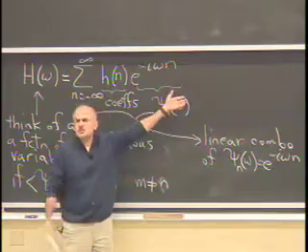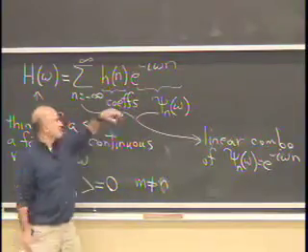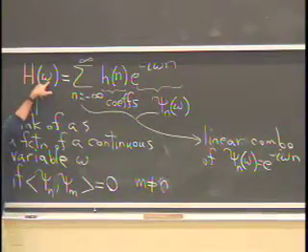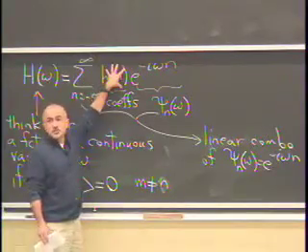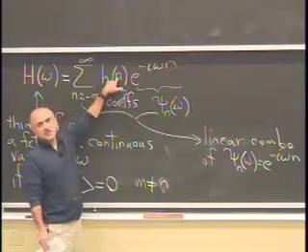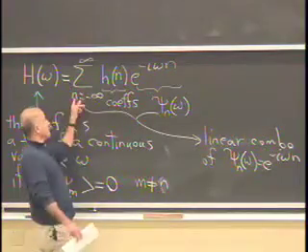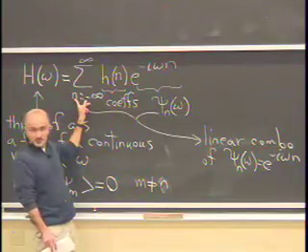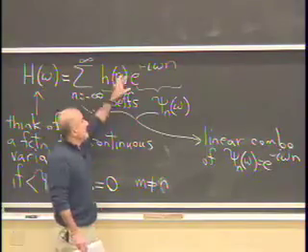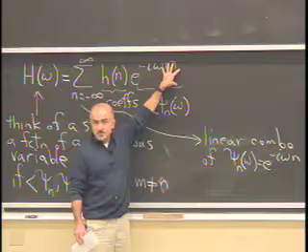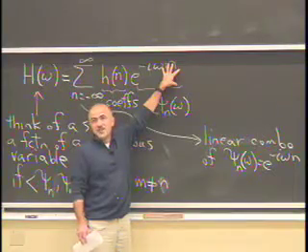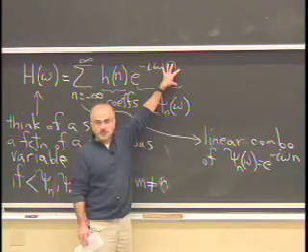What did we do for a continuous time Fourier series? Instead of omega, we had a t, right? We had a t here instead of omega. And we had a bunch of coefficients that we called x_k. Here I call them h_n. If you don't like n, put a k there. Big deal, right? And I had a bunch of complex exponentials in the continuous time Fourier series story. They happen to be e to the i k omega naught t.